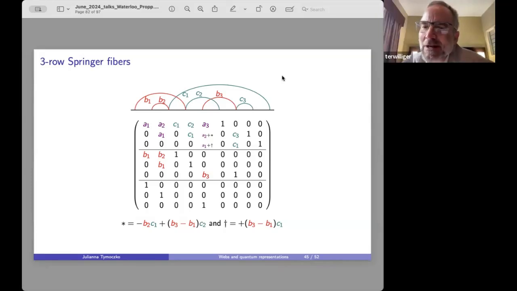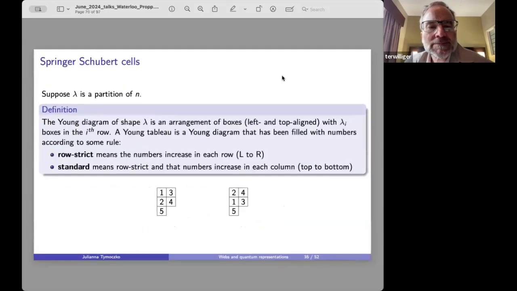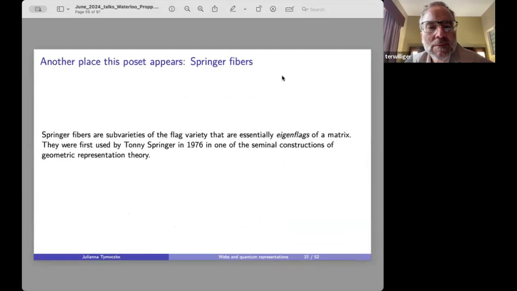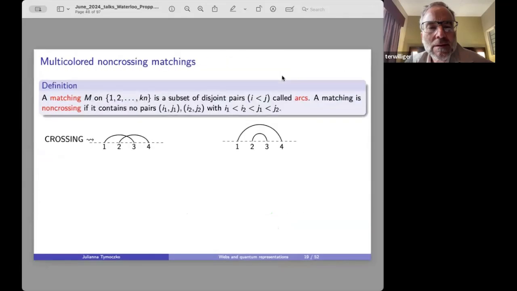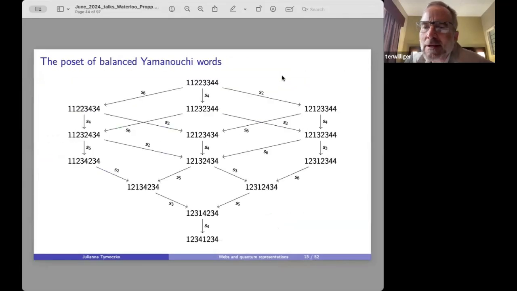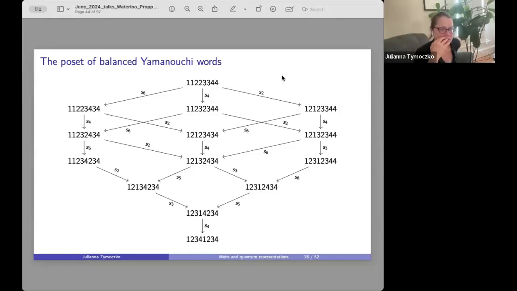At one point, you showed the poset involving the Yamanouchi words. Is that always going to be a distributive lattice? That poset? So remind me, distributive, there's one top, one bottom. What is a defining feature of a distributive lattice?